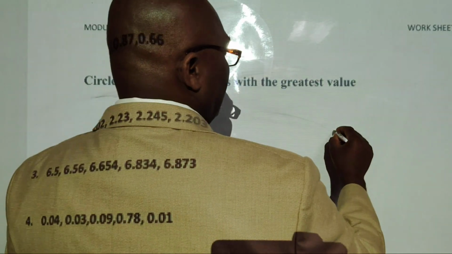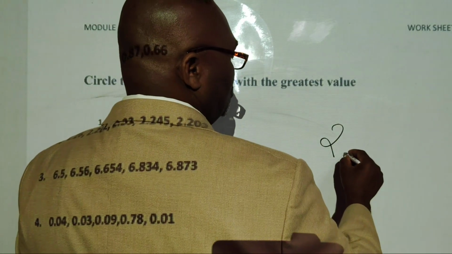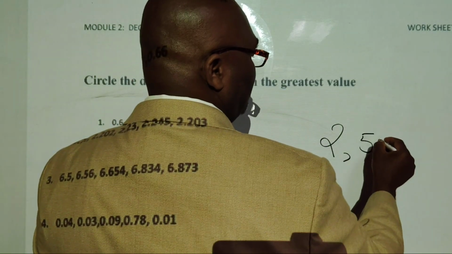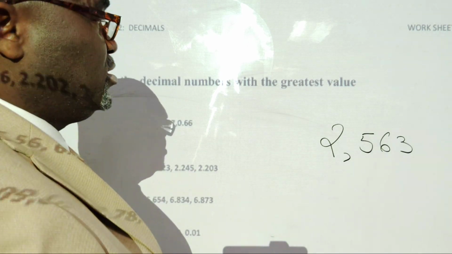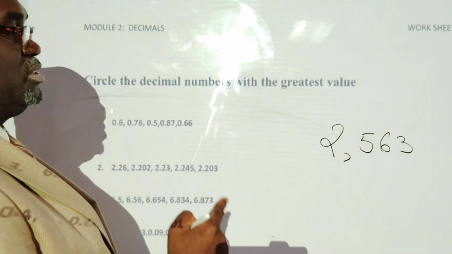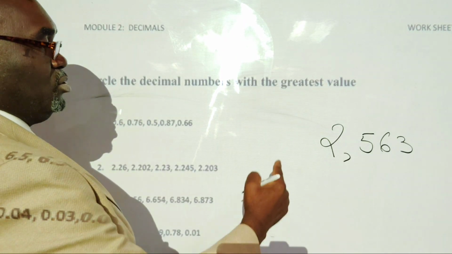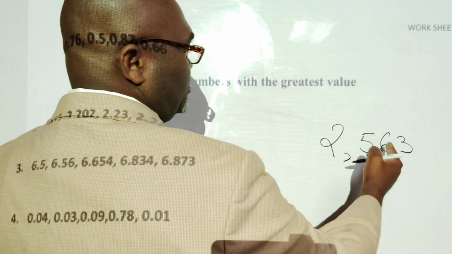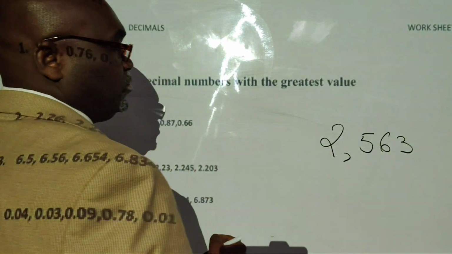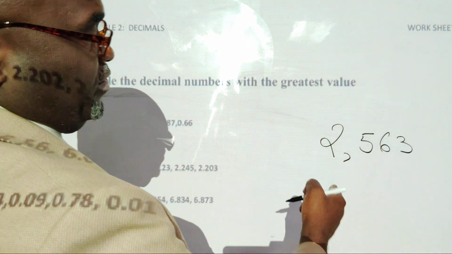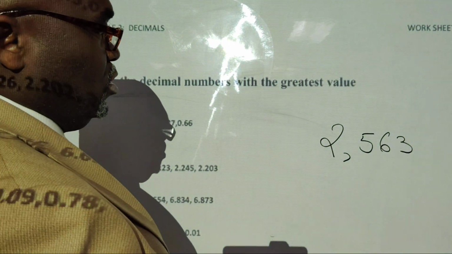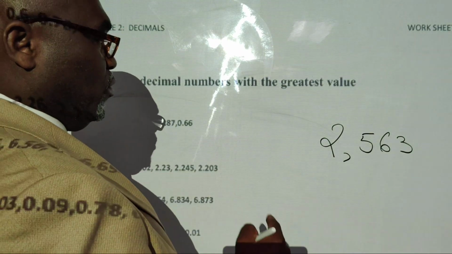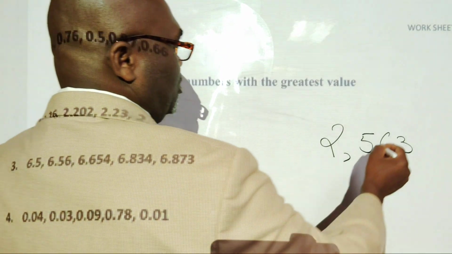On your number line, when you have a number like 2,563, the way we read it is by place value.